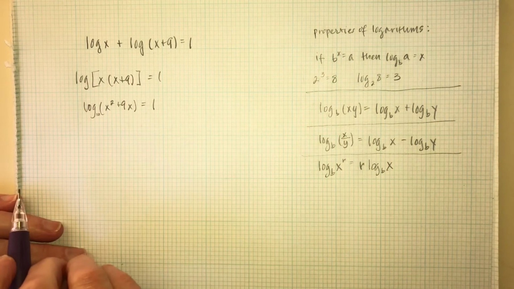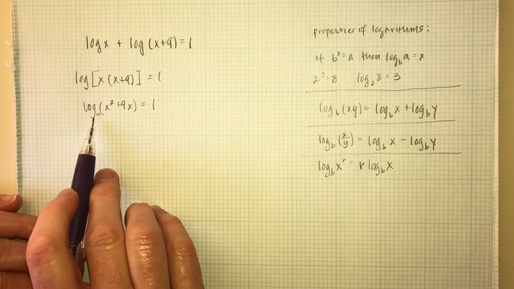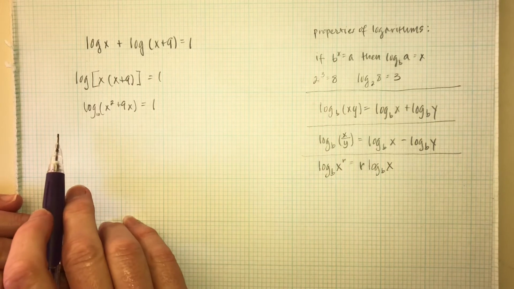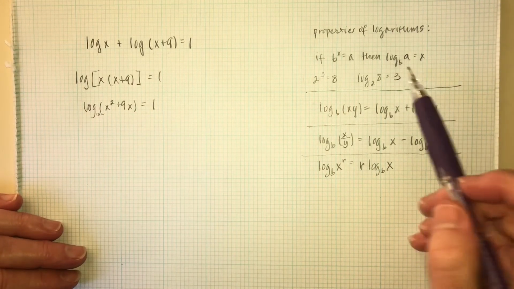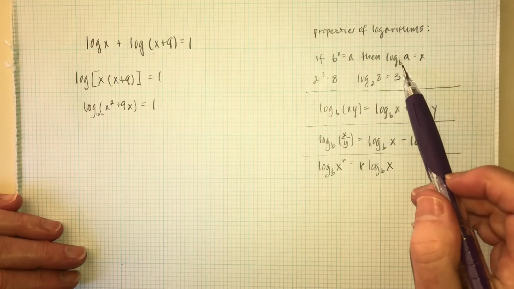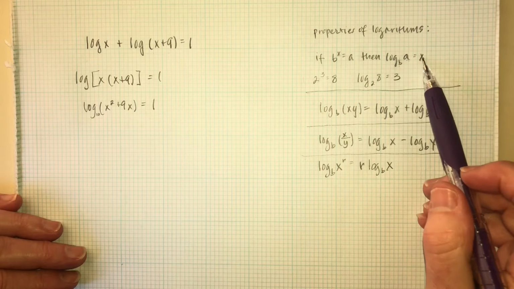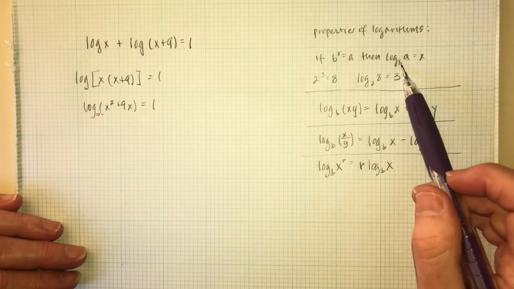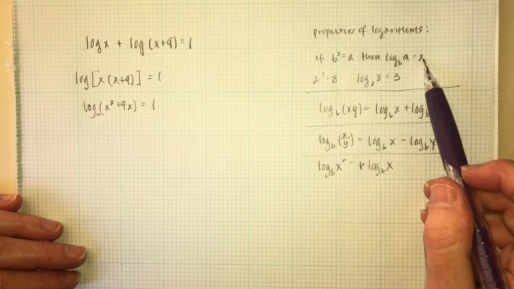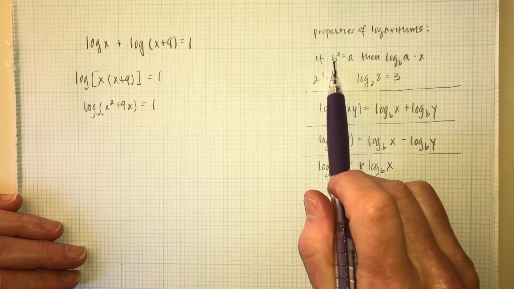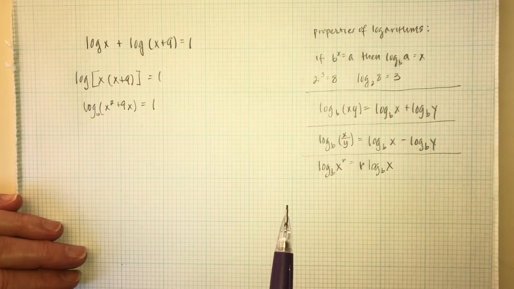So now we can rewrite this log expression as an exponential expression. We're going to use this property that says the log base b of some quantity a equals x means that we can rewrite that as b to the x equals a.